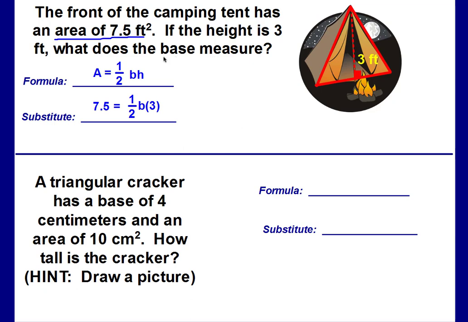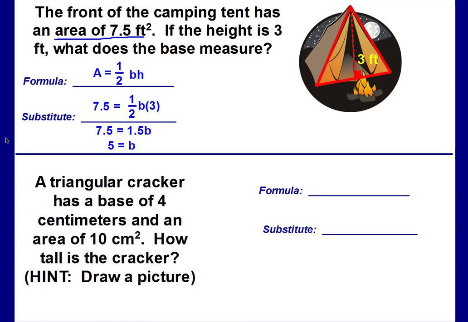I don't know what the base is, that's what I'm looking for, so it's going to stay the B, and then the height is 3. Then you just do your math. Half of 3 is 1.5, so 7.5 equals 1.5B, and now we're solving an equation. You're solving for B, so divide both sides by 1.5, and the base is 5 feet.